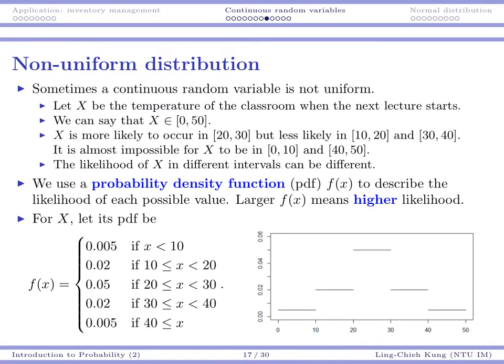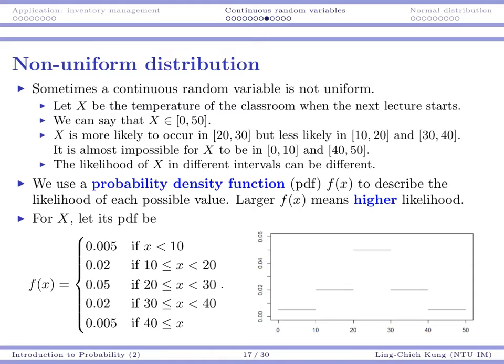f(x) is a function of x, and x are all the possible values of your random variable. Then a larger f(x) would mean a higher likelihood. You're going to see that the value of f(x) does not mean anything physically.